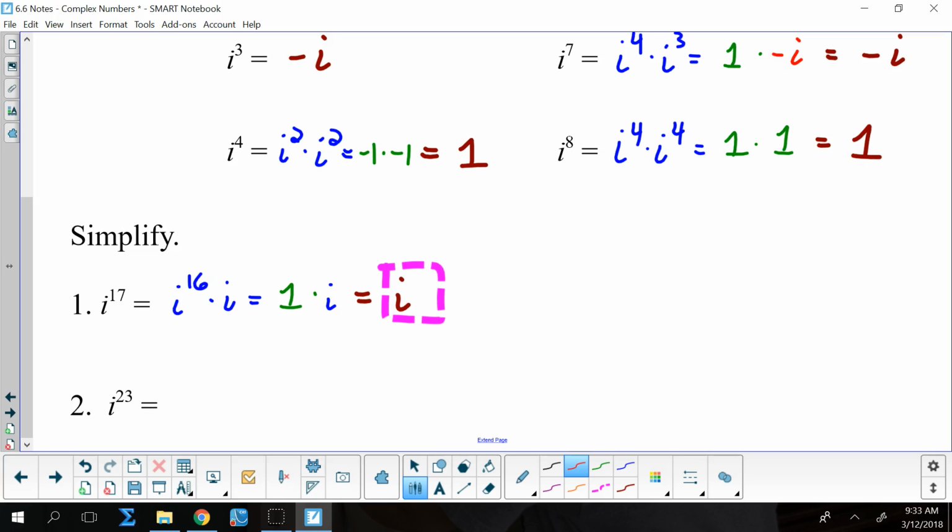I just broke it up and I did i to the 8th times i to the 8th. Okay, and then you probably broke it up even more, to like i to the 4th, and i to the 4th, and i to the 4th, and i to the 4th, and then i, right? Or i to the 8th and i to the 8th, because we had those from above? Yeah. Yep, that works, and so then that got you i. Okay, anybody else? Another way?